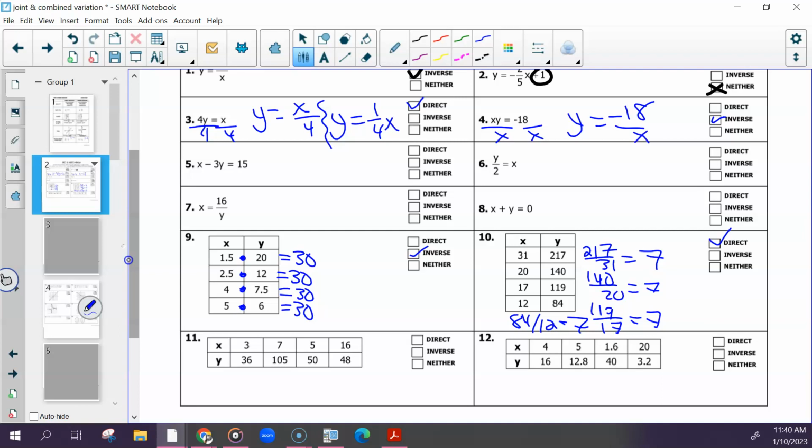Do we have any questions on any of the ones we've done so far? After you have that written down, go on to the next page. We'll do a couple from there and then any others you guys want to see.